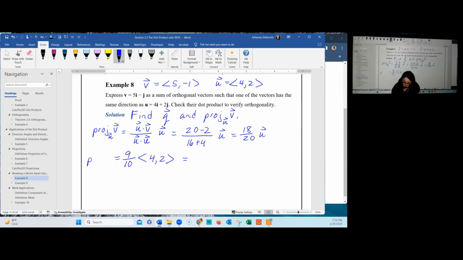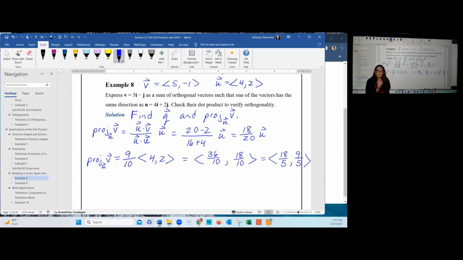So the projection of vector V on top of vector U, or in the direction of U, is going to give me the vector 36 over 10, 18 over 10, which is the same as the reduced vector 18/5, 9/5. Right?